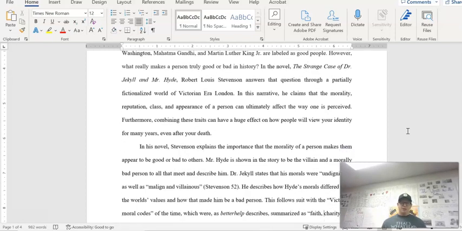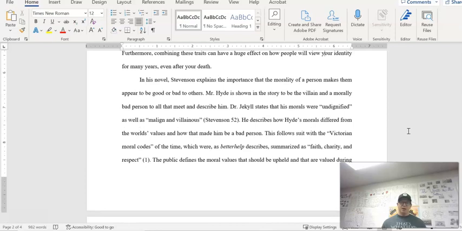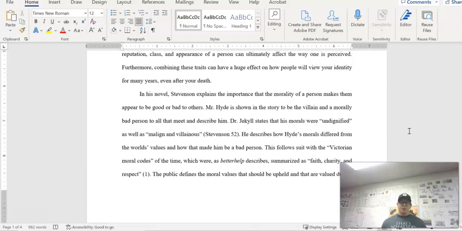In his novel, Stevenson explains the importance that the morality of a person makes them appear to be good or bad to others. This sentence is confusing.